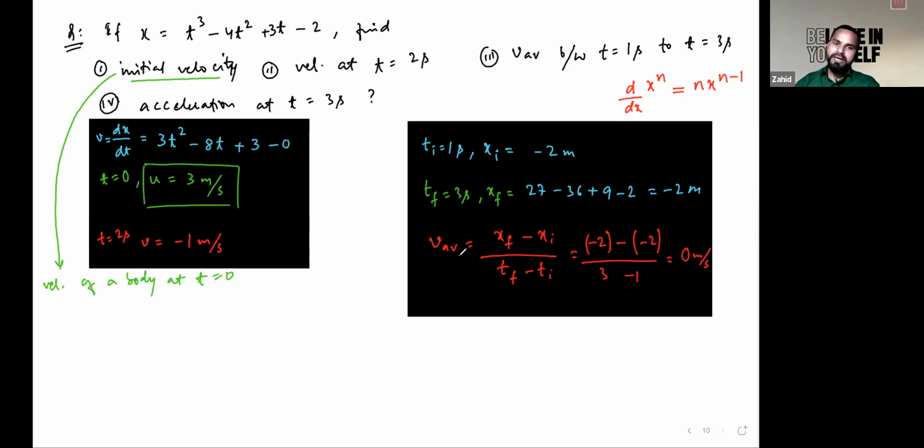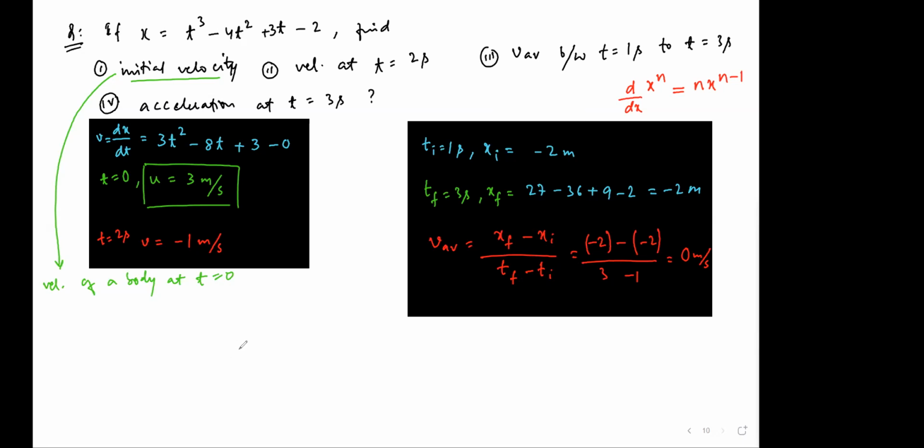Now, for average velocity, we have a formula x final minus x initial divided by t final minus t initial, meaning net displacement divided by time taken. So x final is minus 2 and x initial is also minus 2. So these two terms would cancel out. So you will get just 0 meter per second as average velocity for the interval from 1 second to 3 seconds. Is it clear, Ikra?